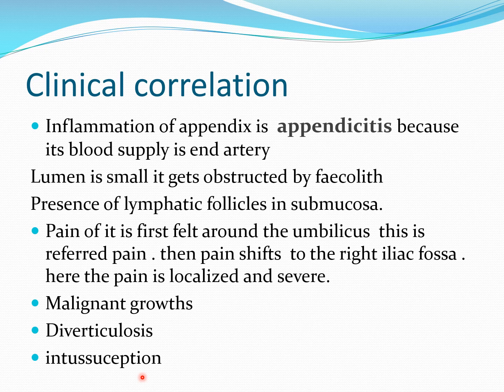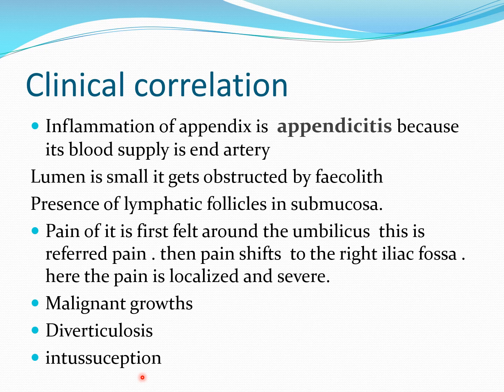The anatomical factors producing the inflammation: the appendix is a blind tube, a fecolith may obstruct the lumen and precipitate the attack of appendicitis. It is supplied by an end artery, there is a hiatus in the muscularis, and there are numerous lymphatic follicles in the submucosa.